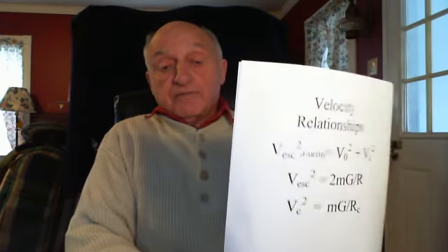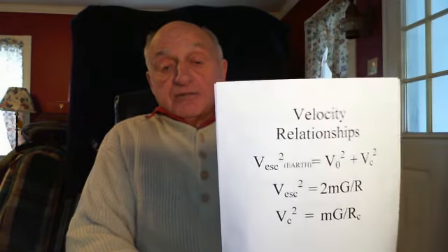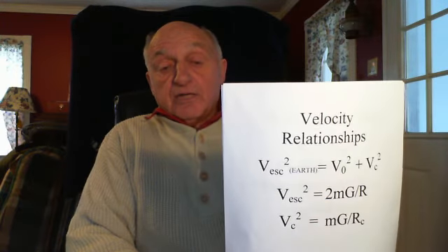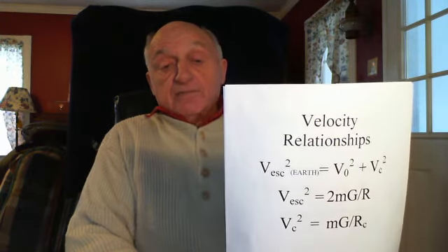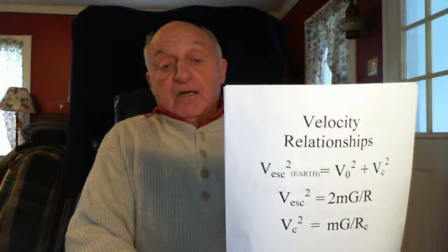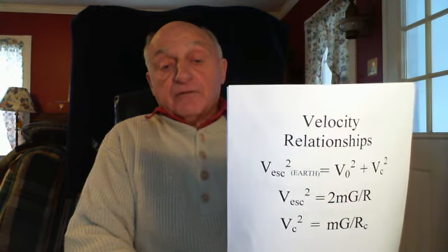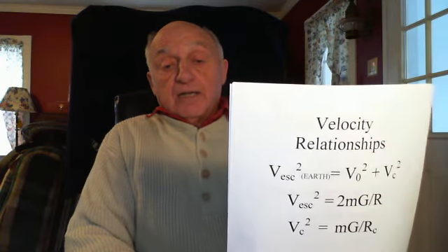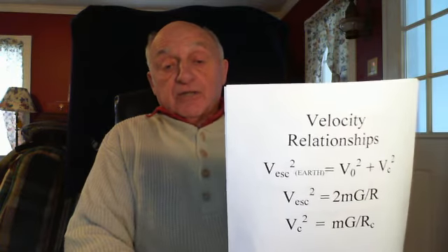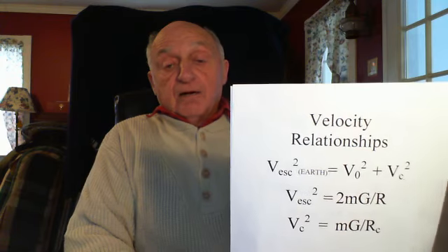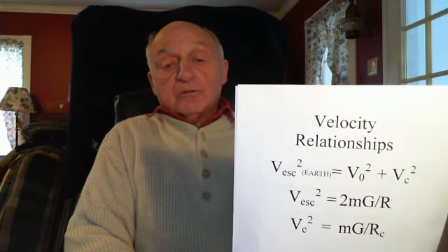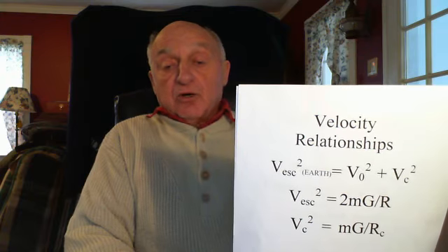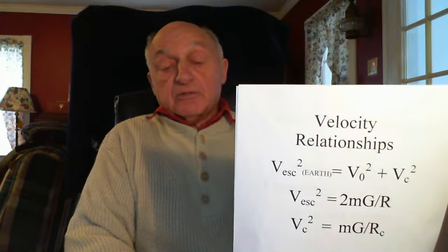Now here are some relationships between the different kinetic energies involved, or squares of velocities. The escape velocity from the Earth, which is about 25,000 miles an hour, squared, is equal to the ejection velocity, the initial velocity of the Moon, plus the square of its velocity in its circular orbit, which is approximately the same as what it is now.